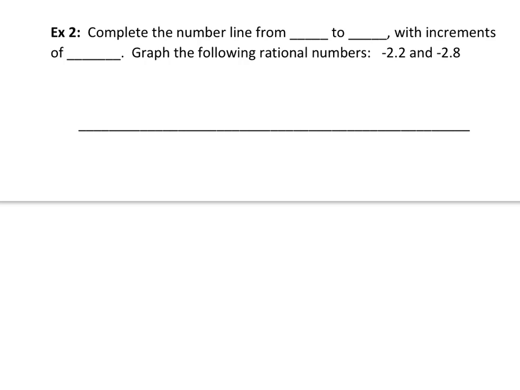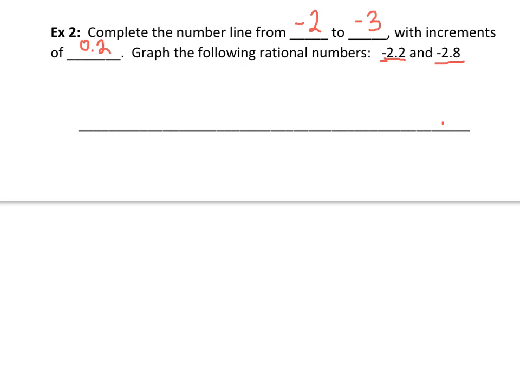Example 2 says to complete the number line from -2 to -3, so they're giving us our range, with increments of 2/10. So let's graph the following rational numbers of -2 and 2/10 and -2 and 8/10.